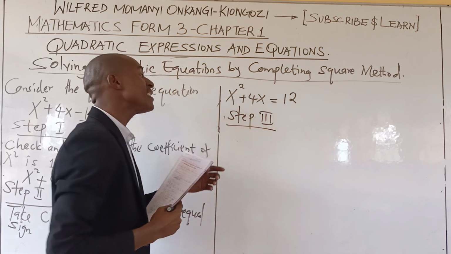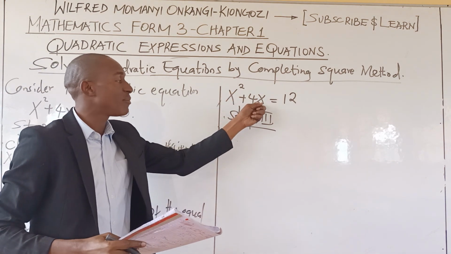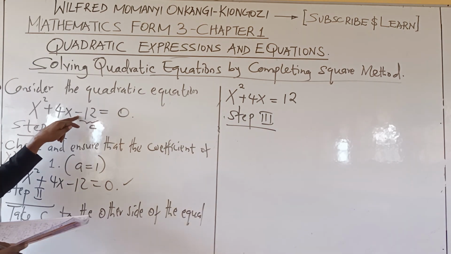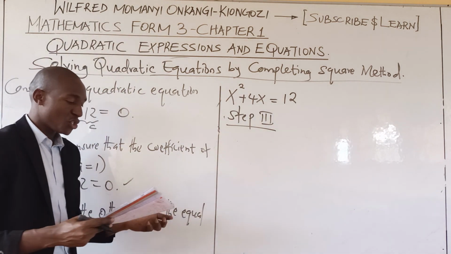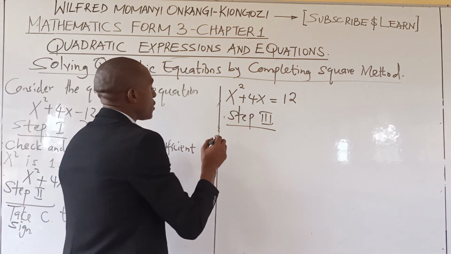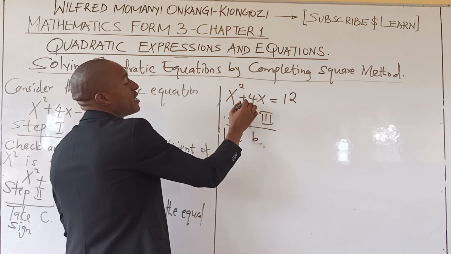Maybe realize that we have been left with the x squared here and b here. So C has moved to the other side. If it was a positive here, when it crosses the equal sign, it becomes a negative. So the sign must always be changed according to how it appears on the left-hand side. Use B. Remember, the part of B is left behind.